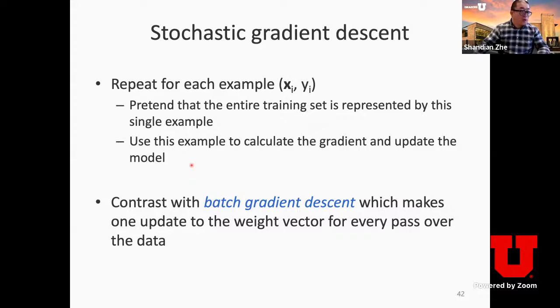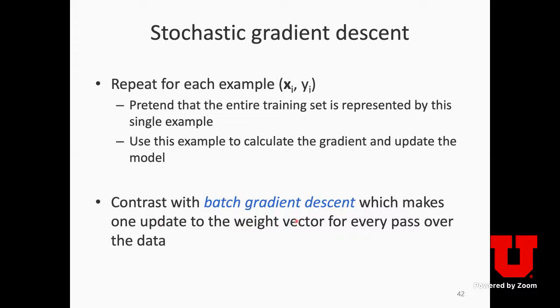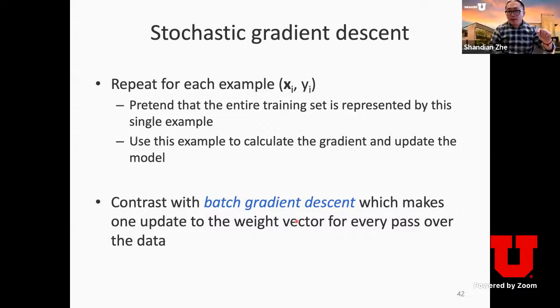The biggest difference is that, unlike batch gradient descent, which makes one update for every pass over the data, stochastic gradient descent is so efficient that it makes one update after processing each training example. Suppose you have 1 million training examples.